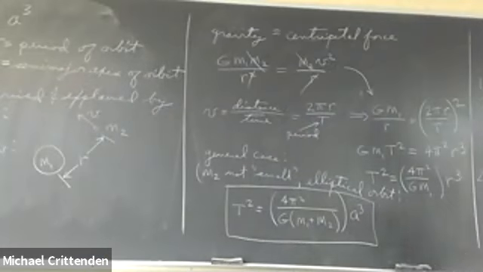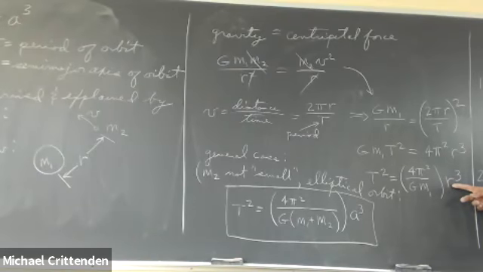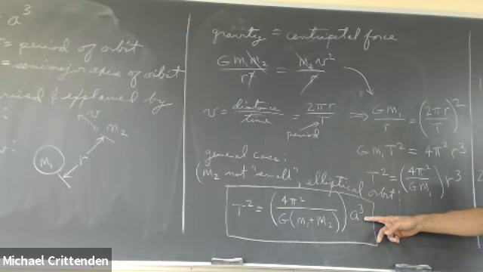If it's not a perfect circle, then where I had the radius of the circle in this special case, that becomes the semi-major axis of the elliptical orbit.